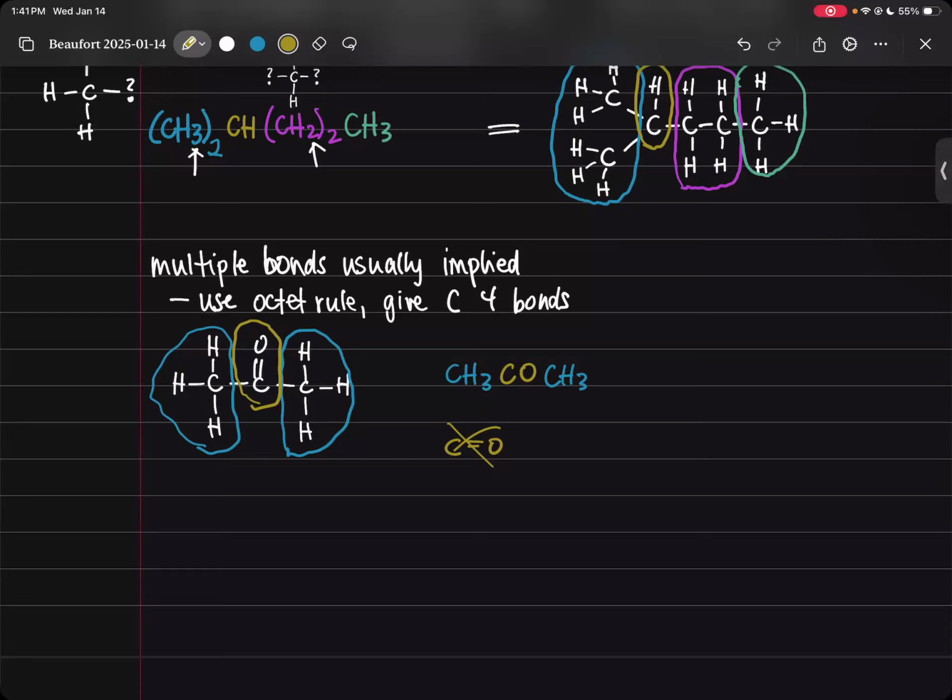That's 2 bonds. So we have 2 more bonds, and that tells us that the oxygen has those other 2 bonds. You may also see it like that. That's legal as well.